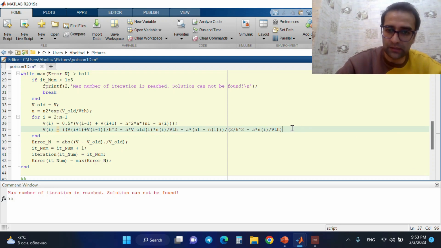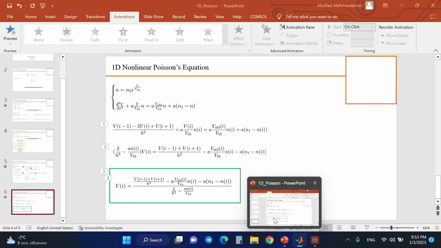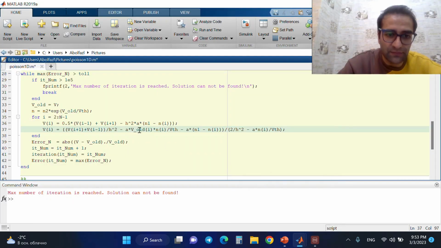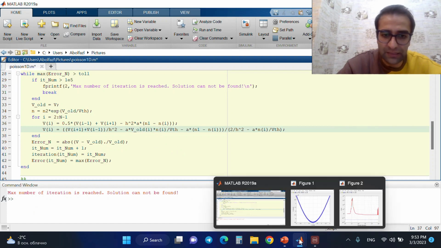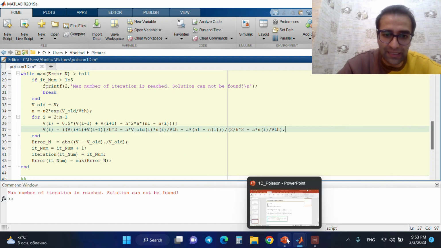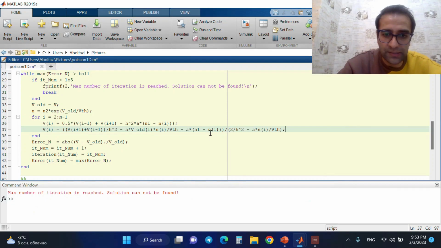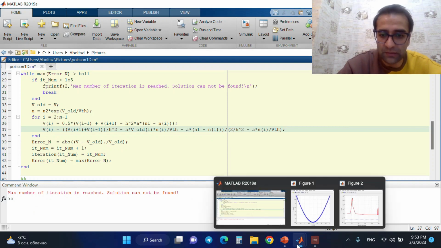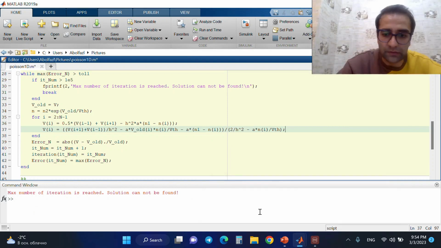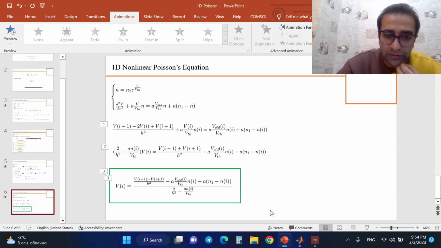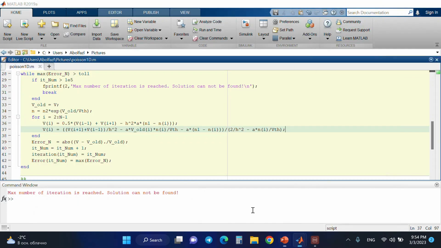Okay, just another semicolon here. Just let me check. V_i plus 1 plus V_i minus 1 divided by h squared, minus a V_i N_i divided by V_thermal, minus a V_old_i N_i divided by V_thermal, minus a (N1 minus N_i), the same term, and we have the same term in the denominator, right? 2 divided by h squared minus a N_i divided by V_thermal.